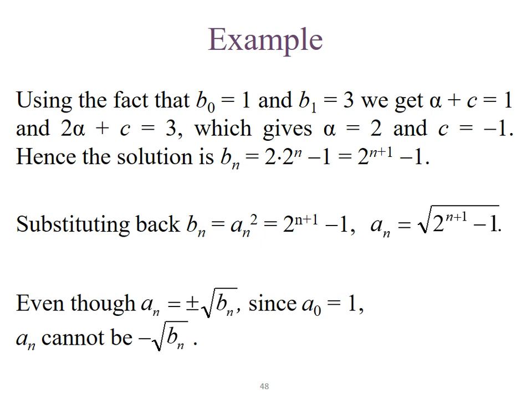The last thing you need to be very careful about is that you need to verify: when we have a_n squared equals something, actually we have positive or negative square root of something.